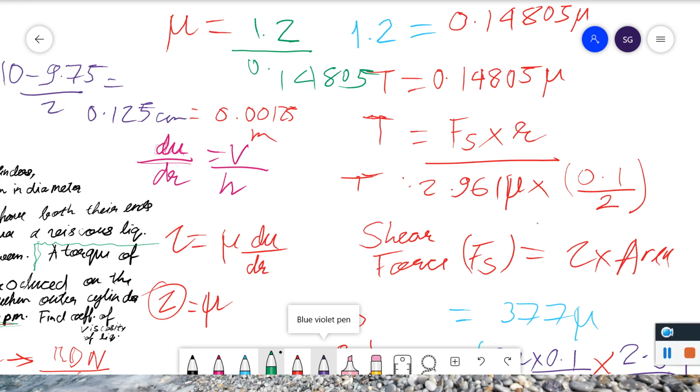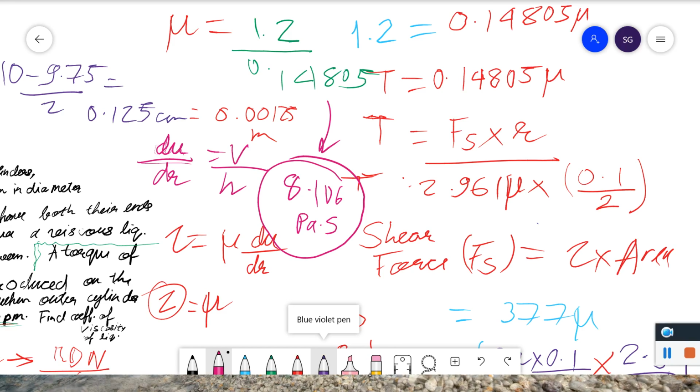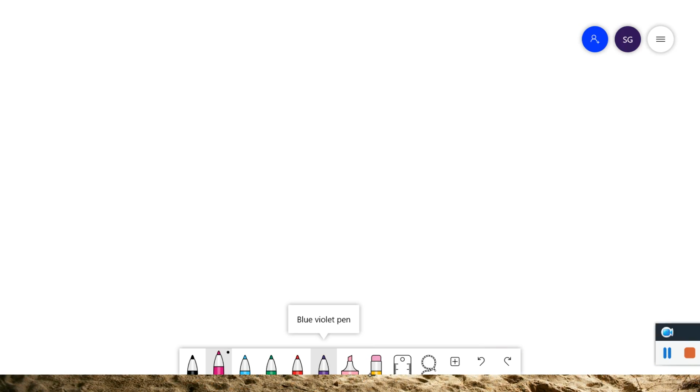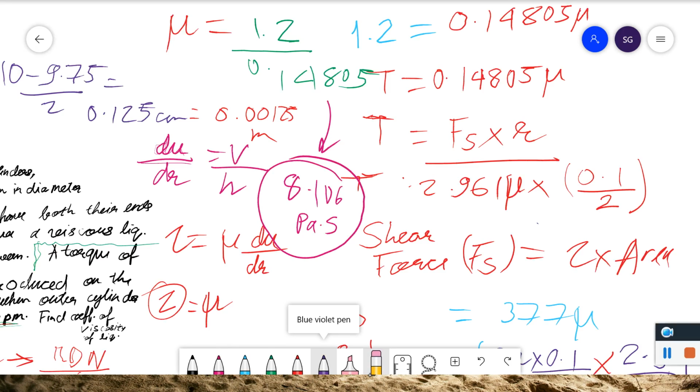It comes out to be 8.106 Pascal seconds. Okay, means Newton per meter square seconds. 8.106 Newton per meter square seconds. This was the second question of a tough exercise.